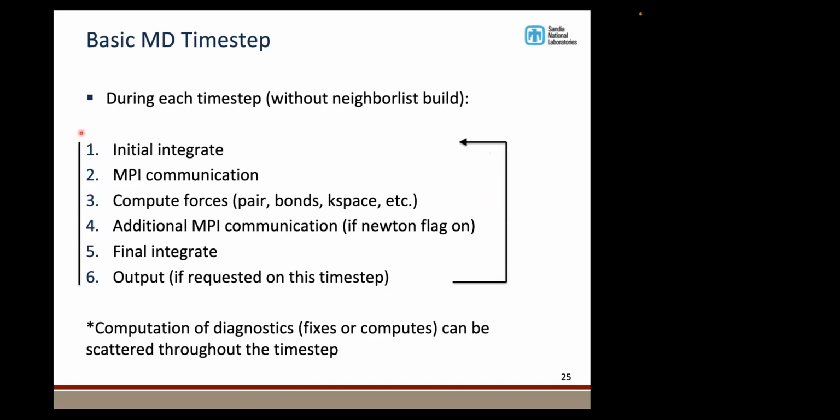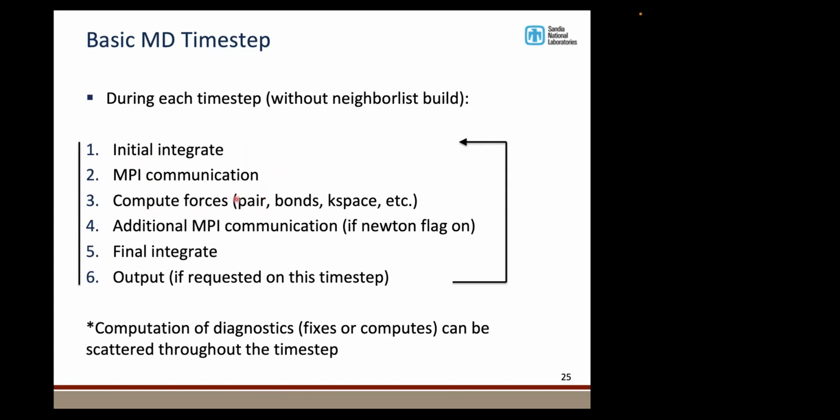So the first thing you do is an initial integrate, updating the positions and velocities. And then you have to do an MPI communication to update the ghost atoms so that you can do your parallel domain decomposition calculations. And then you're going to compute the forces.